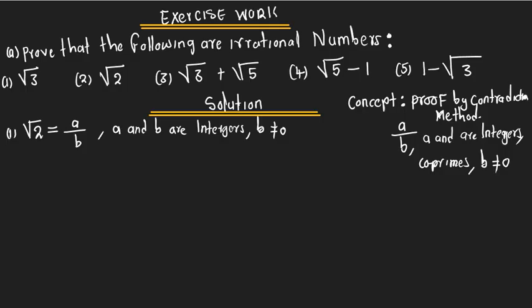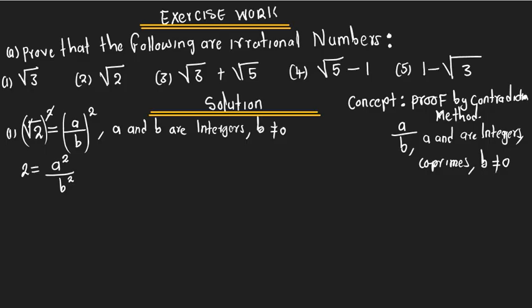If that is the case, then I can put my square root this side and my square root this side, so that the square and this square root can cancel, and I'm going to remain with 2 equal to a power 2 over b power 2.